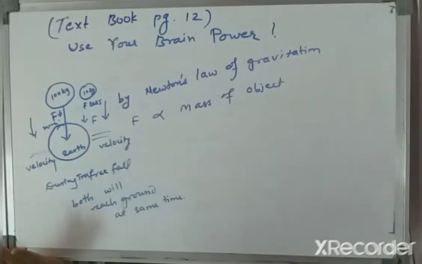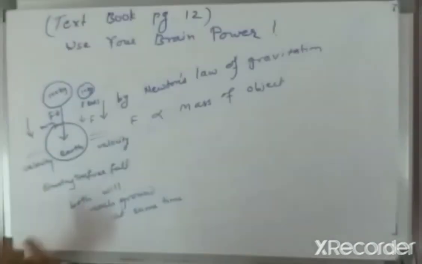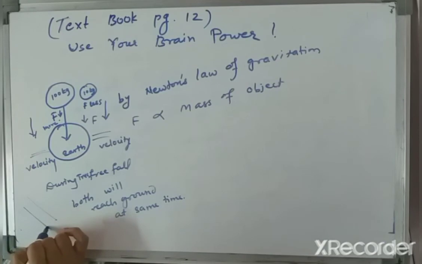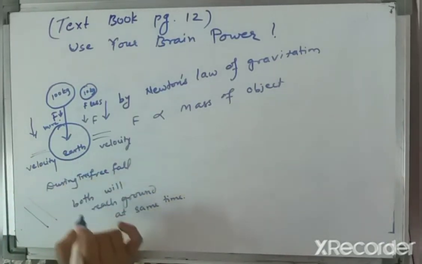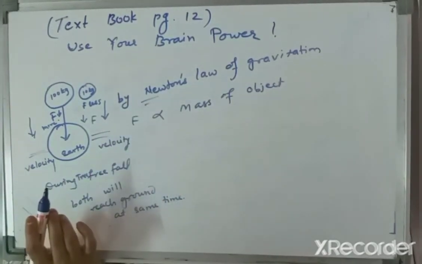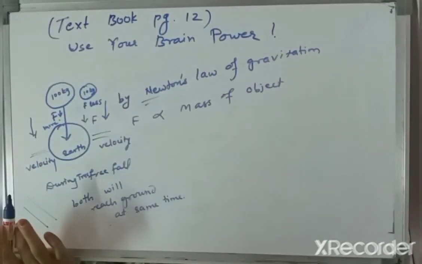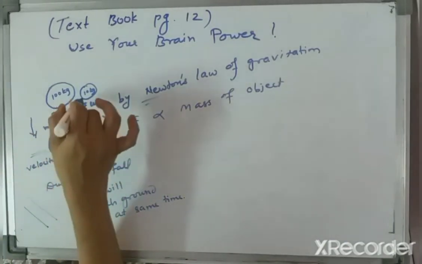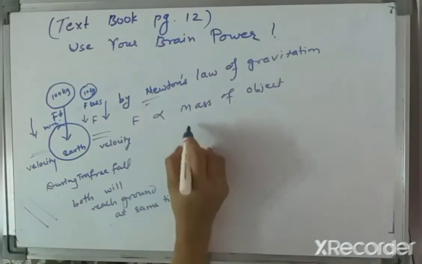Why are they both reaching at the same time? This one would have to come first and this one later on, but this is not happening, isn't it? According to Newton's law of gravitation, the heavy object would have to come first and the less heavy one later on. This is not happening. What is the reason?